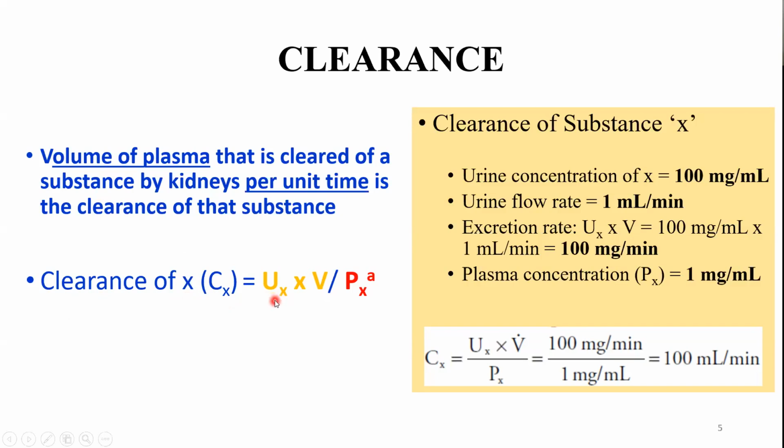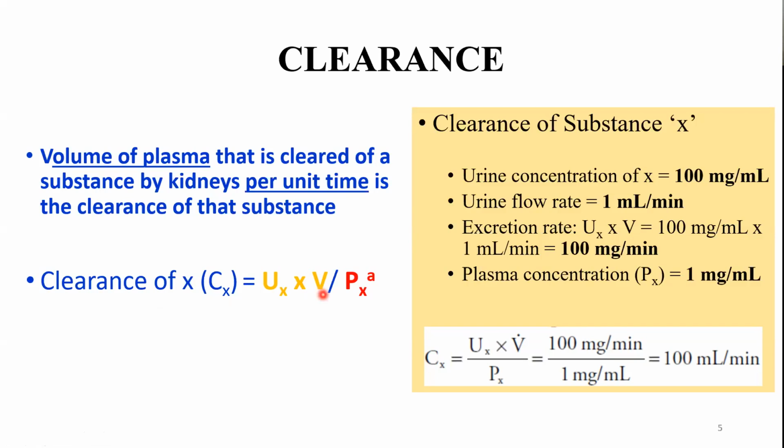UX basically means the concentration of this substance X in urine, which is of course measurable. You can just take a sample of urine and measure how much substance X is contained in it, multiplied by the rate of urine formation. In a normal person at rest, it is generally around 1 ml per minute. So that is also known.